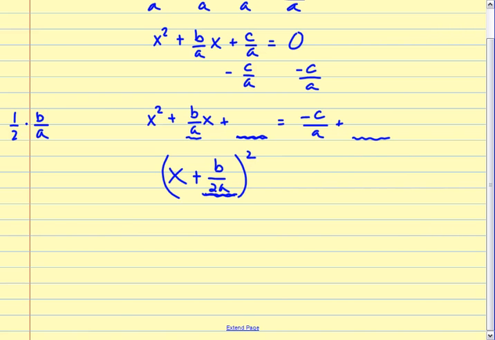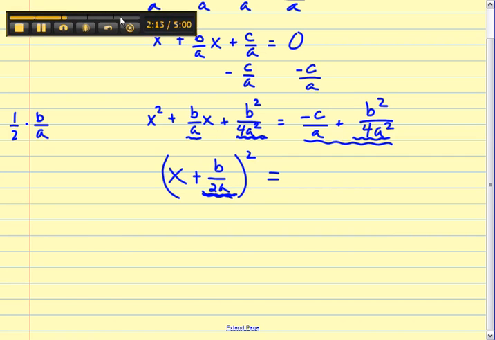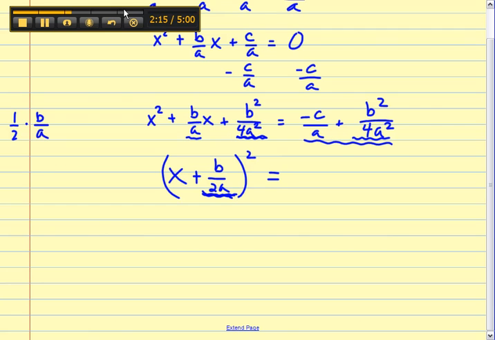And this one back here is always this squared. So that's going to be b squared over 4a squared when I square it. But I've got to do that over on the other side too: b squared over 4a squared. Now, for me to put these two things together, I'm going to have to get a common denominator, and the common denominator is 4a squared.